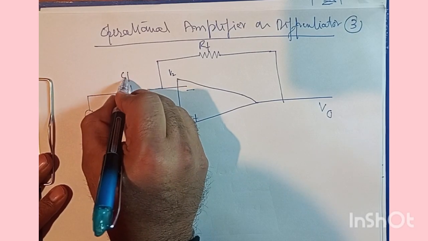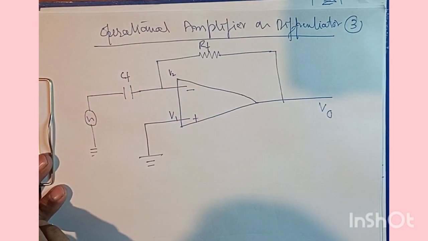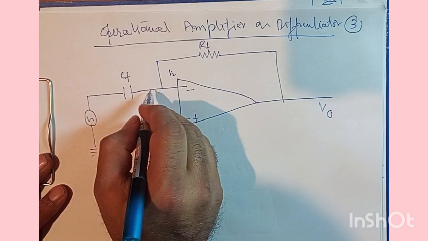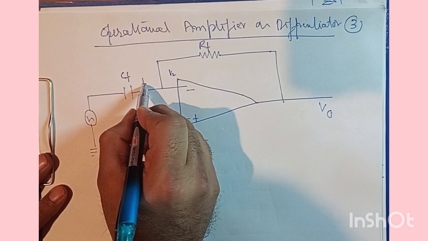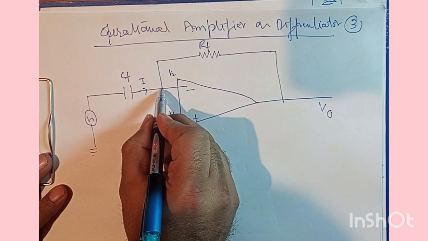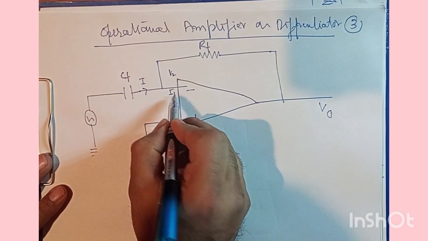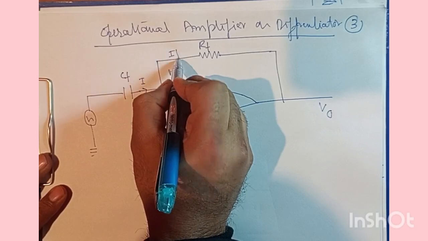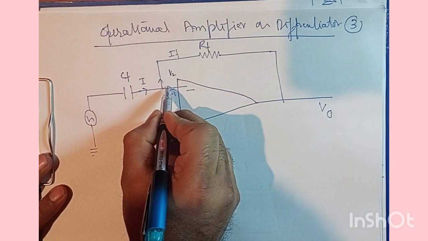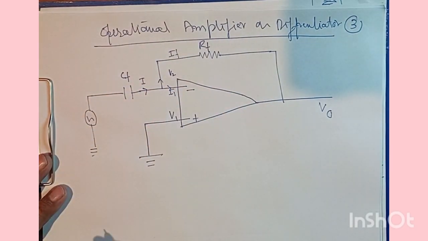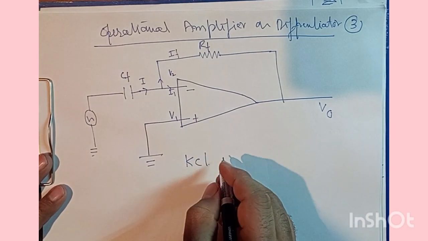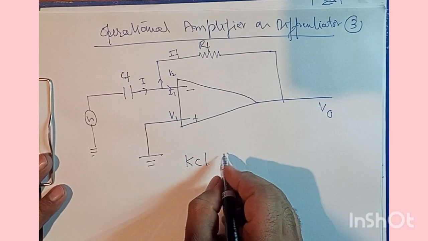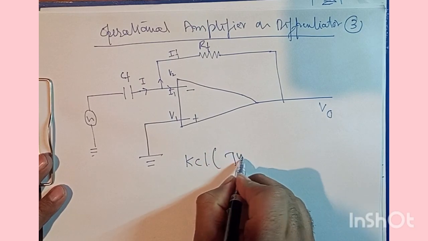the capacitance of this capacitor is CF, and let us assume that we have a current I, and this is I1, and this is IF, and we can use KCL here in the similar way as we did it in the previous case at some junction.